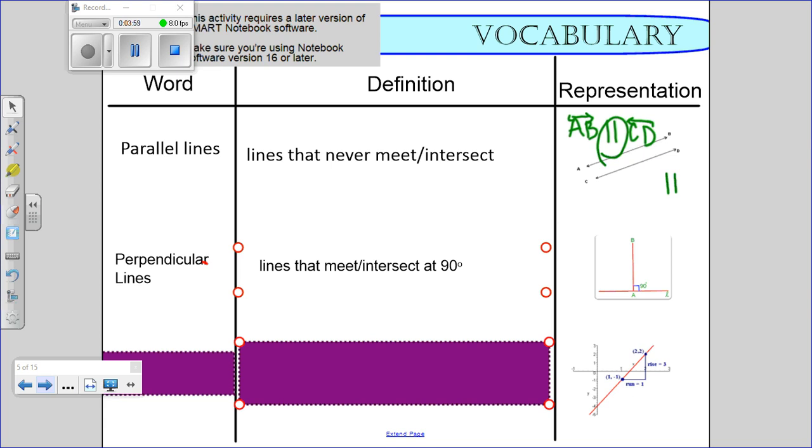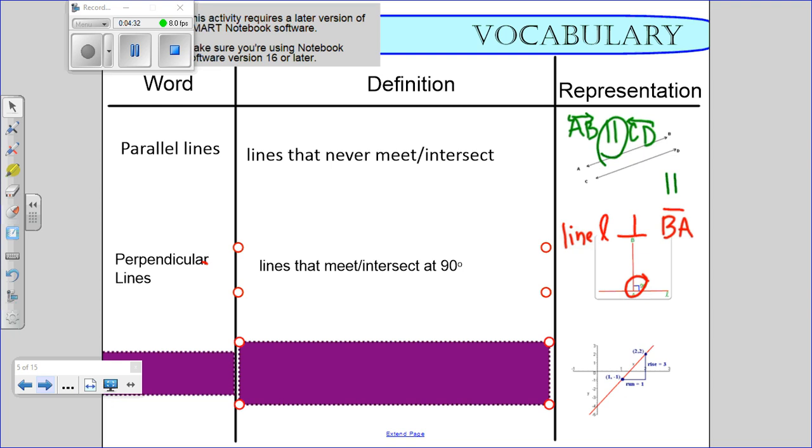If it's not 90 degrees, then you do not have perpendicular lines. You can see right here our little symbol for 90 degrees. So we say line L is perpendicular to line BA. This little symbol right here is the perpendicular symbol. It looks like perpendicular lines, that's why it's the symbol.